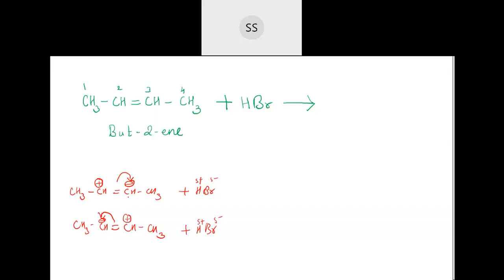Now if you cross them and add them up, see the product. This plus will react with this minus. Okay. And this minus will react with this plus. Here you do it the other way around. This minus will go with this plus and this plus with this minus. Okay. What is the product you are getting? Yes.